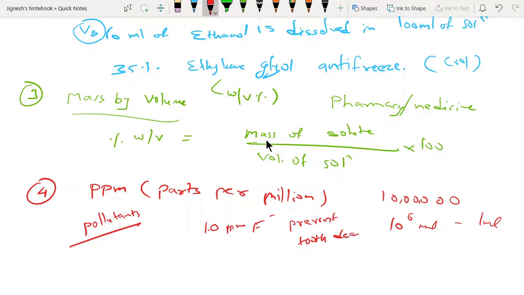Okay, but if I have 1.5 ppm, then it becomes rat poison. Guys, so this is the pollutant which we are talking about every day. Every time we are talking about this thing, and this is called ppm, parts per million.